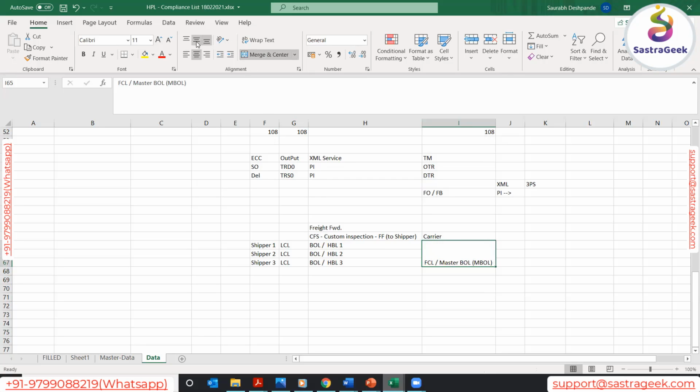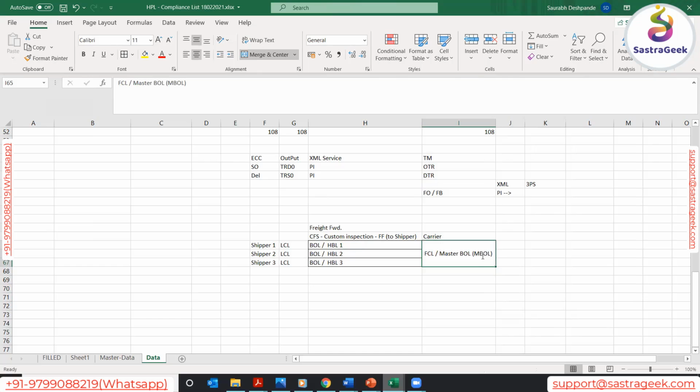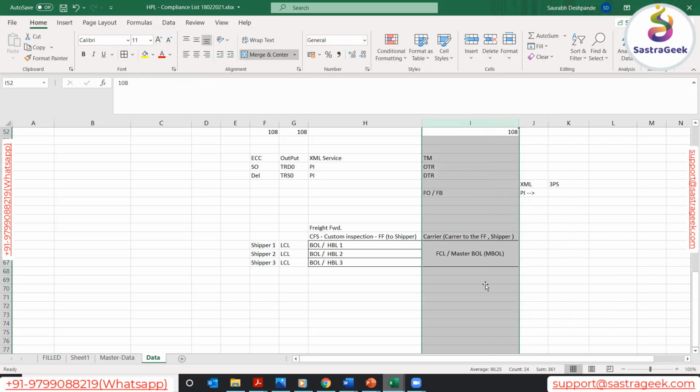So one master bill of lading will consist of these three BOLs. This is issued by the carrier to the freight forwarder, or to the shipper directly. Clear till here? Yeah.